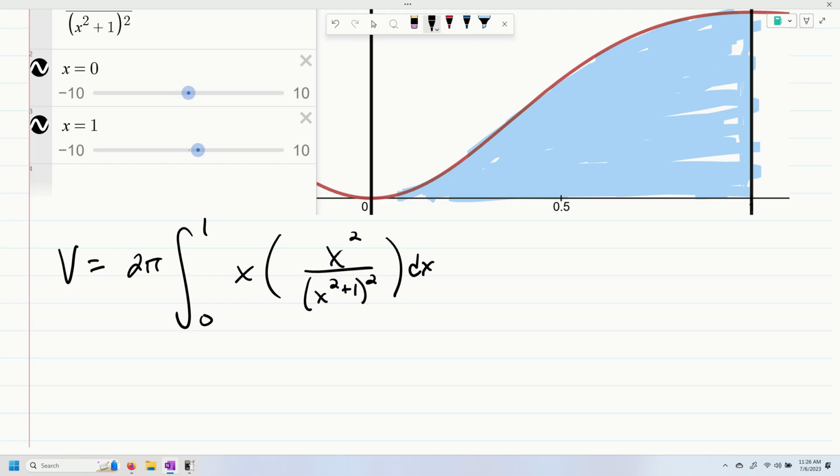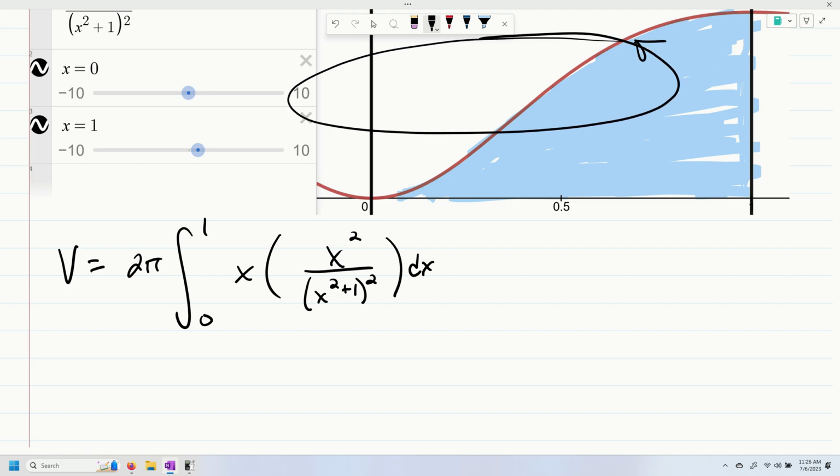Because remember, we are going to be rotating this about the y-axis. So it's just going to be coming around like this. So our representative slice is going to be right here. So it's just going to roll right around that y-axis right there.